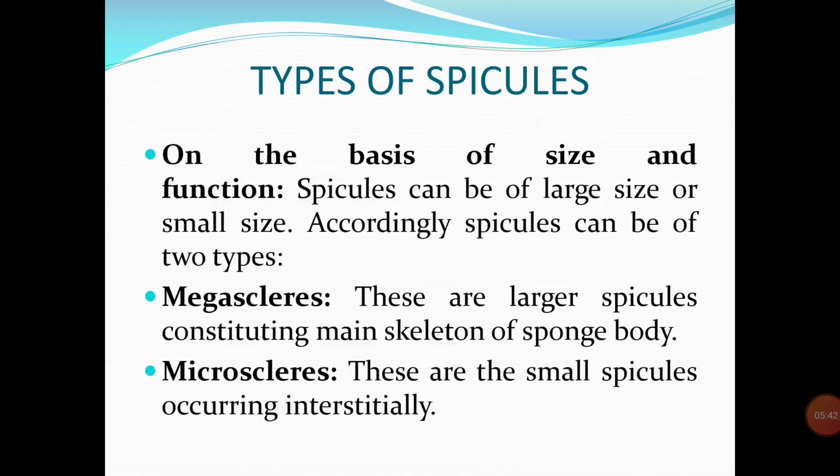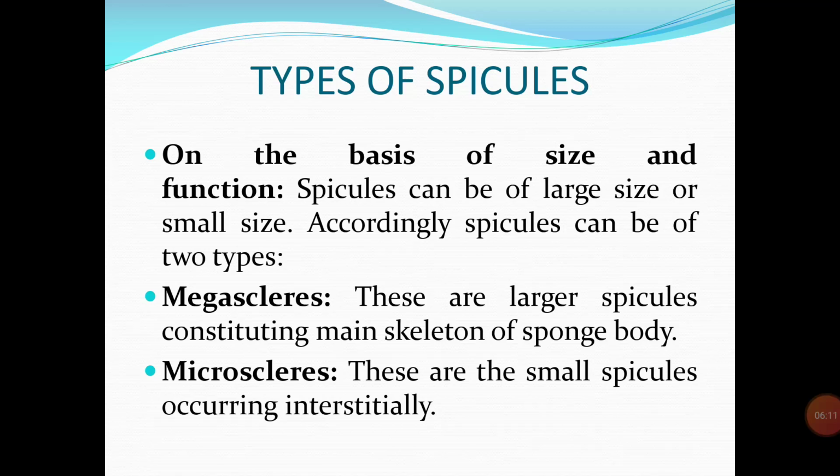Now, on the basis of size and function, spicules can be large or small. Accordingly, spicules can be of two types. The larger spicules constituting the main skeleton of the sponge body are called megascleres, and the second one is microscleres.